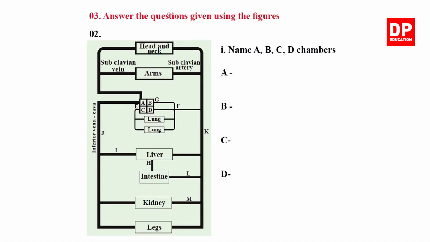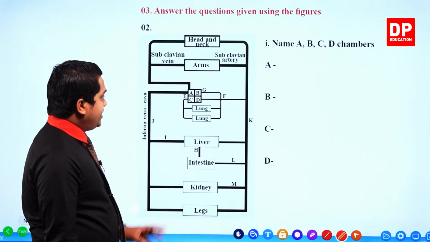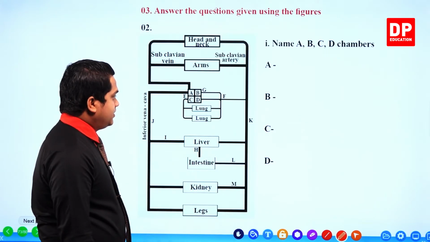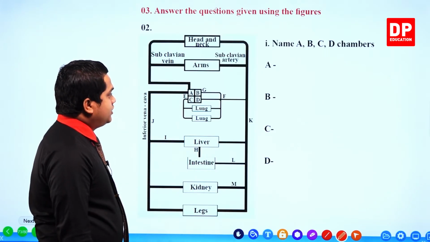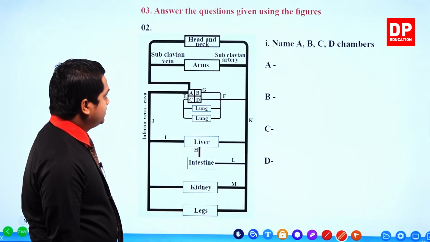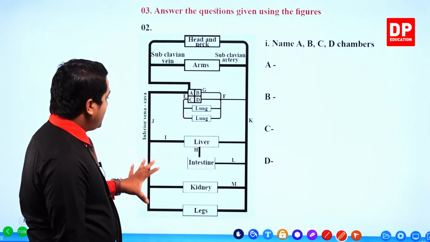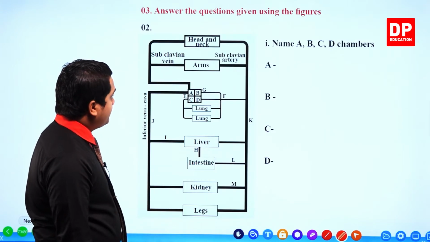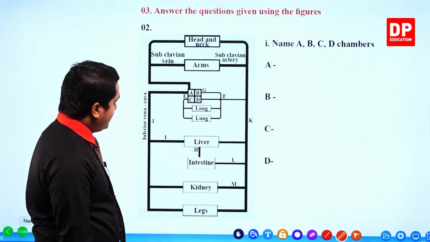Name ABCD chambers. So this is the second question under the third main question. Here it's given with a certain kind of diagram, right? Several arteries and veins are given: subclavian vein, subclavian artery, head and neck.